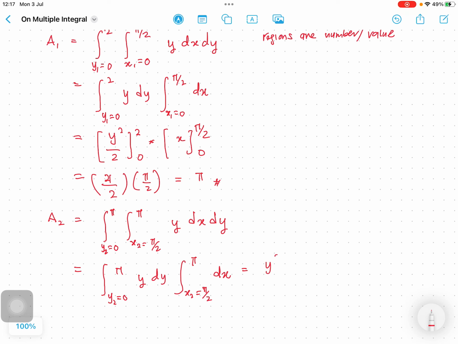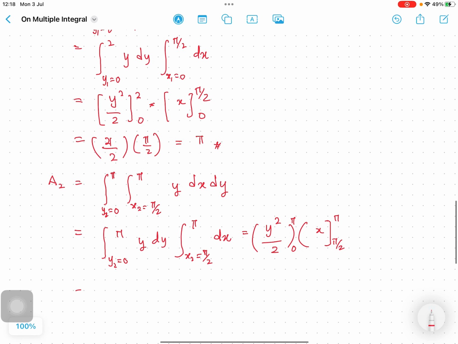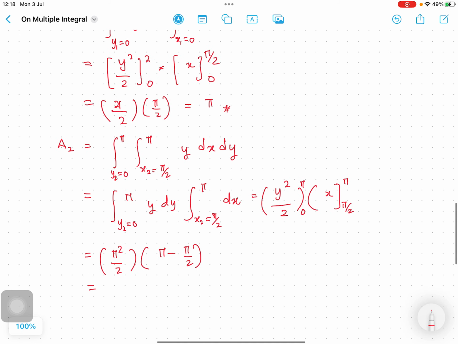And you have y squared over 2 multiply with x. You solve this, pi squared over 2, careful, (pi minus pi over 2). Pi squared over 2 multiply with pi over 2. Then you have pi cubed over 4.